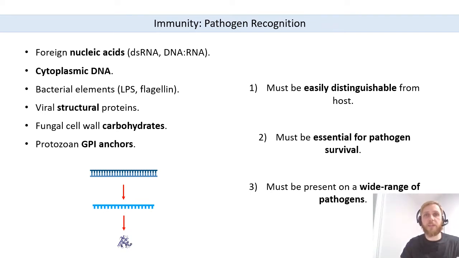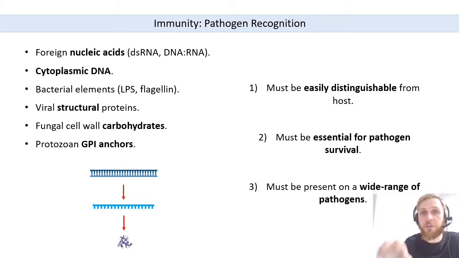In addition, many will produce products of genome replication or genome expression that are different to what would normally be seen in a host cell, and these can be really potent inducers of the immune response, because again, these are specific nucleic acid types that are not normally seen in a host cell, so they are strong indicators of an immune response.